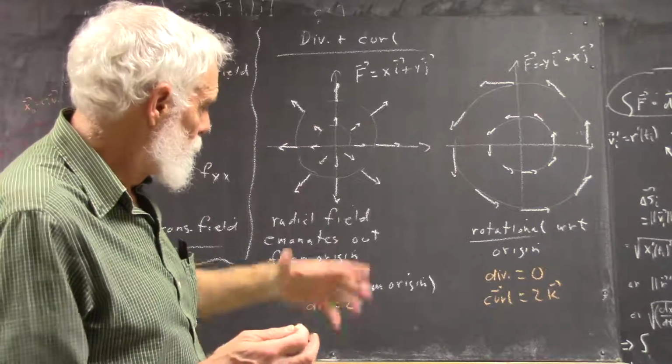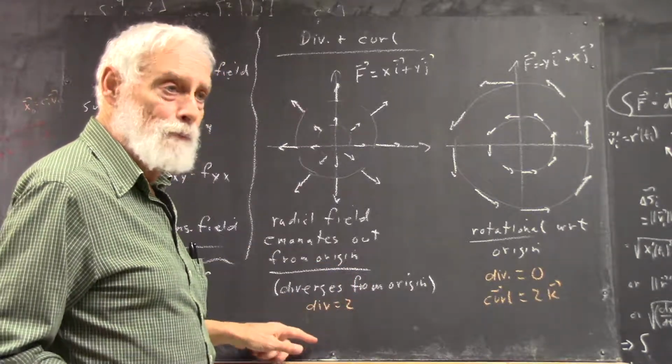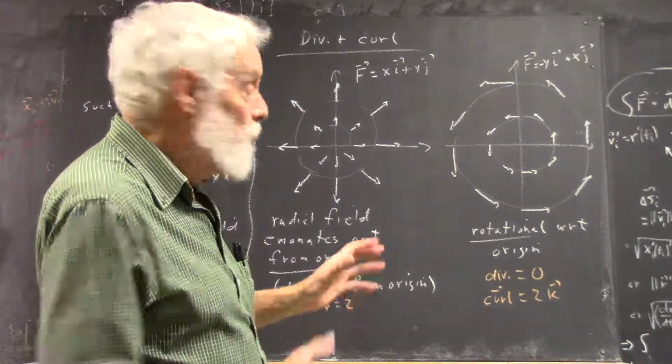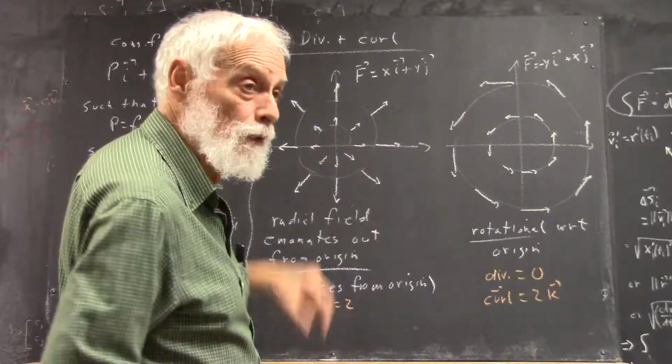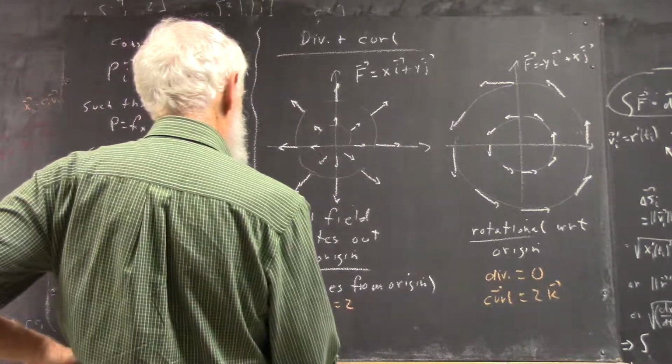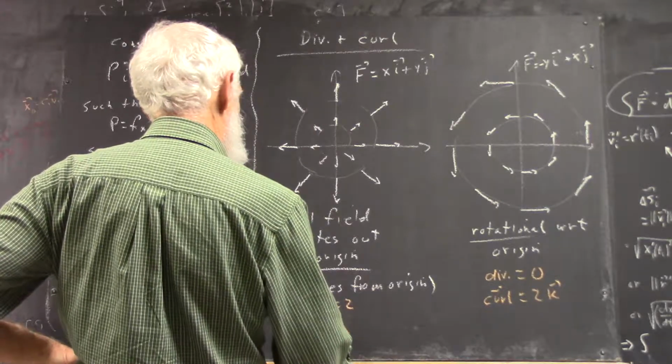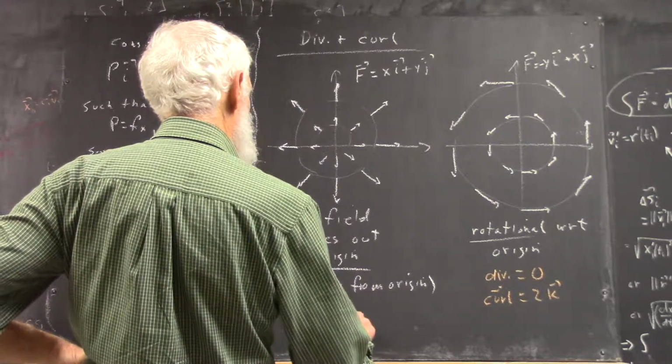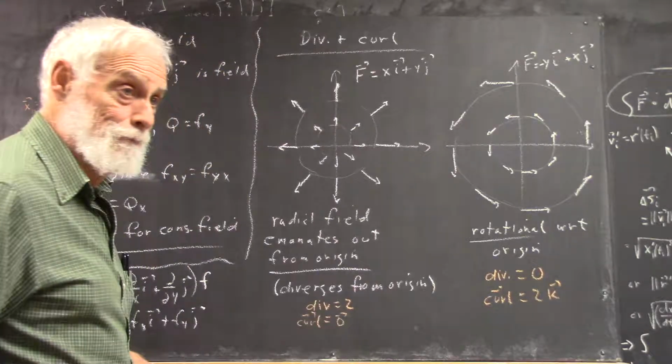We still get the idea that you've got a positive divergence, which is pushing things away from the origin, okay? And we have the curl equals 0, no rotation, okay?